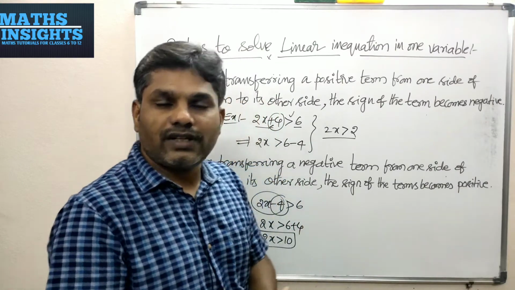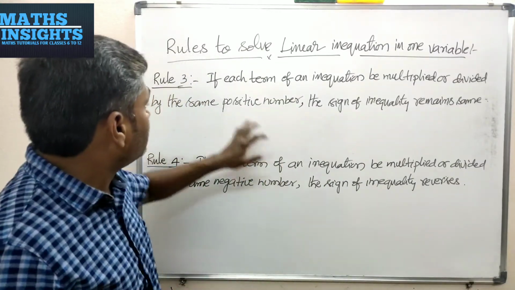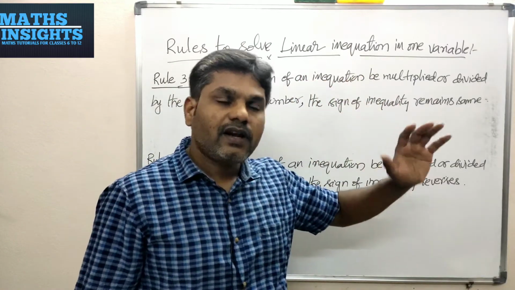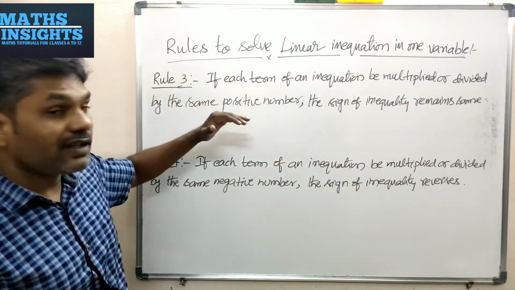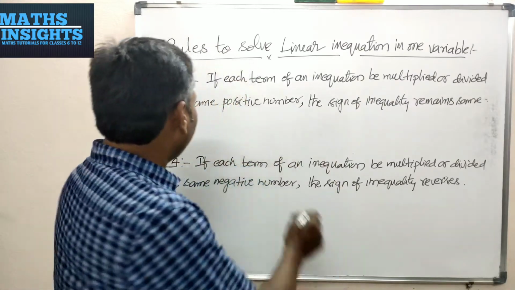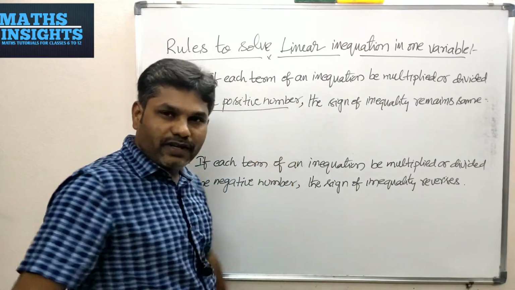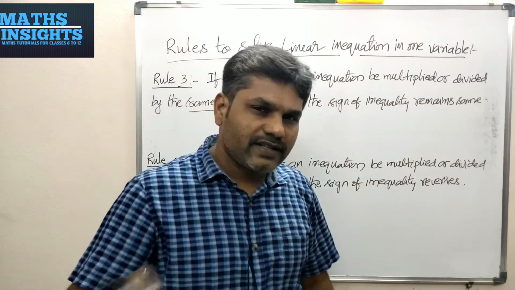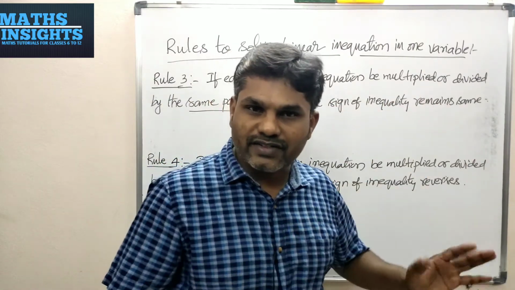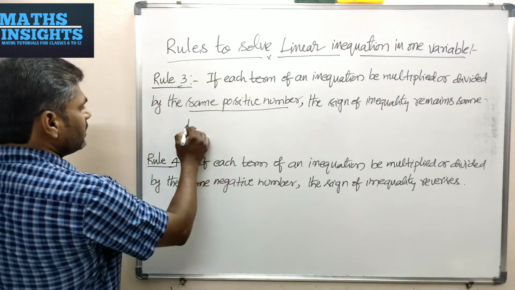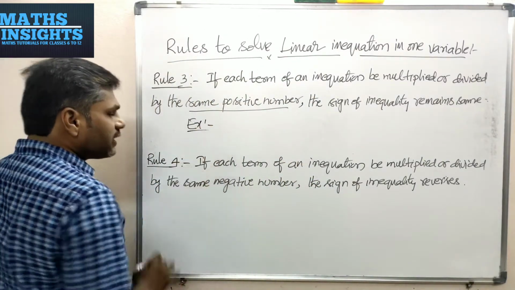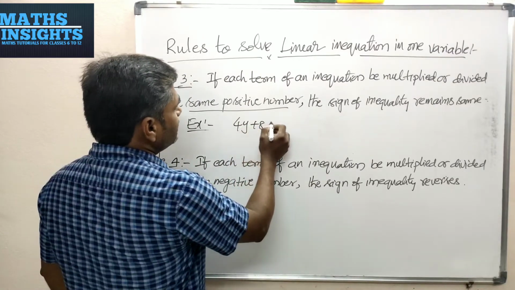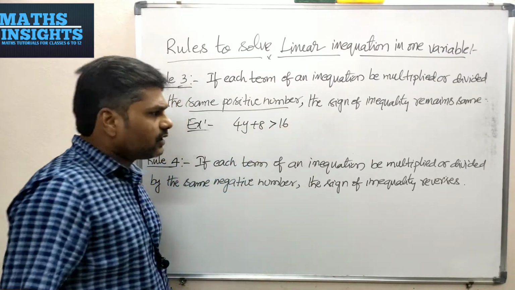We will go to rule number 3. It says, if each term of an inequation is multiplied or divided by the same positive number, this is very important, my dear students, then the sign of inequality remains unchanged. That means it will not change at all. For example, 4y plus 8 greater than 16.